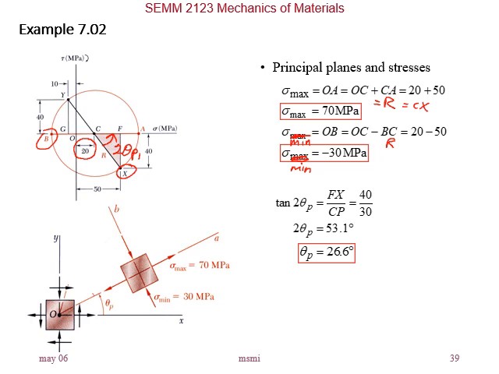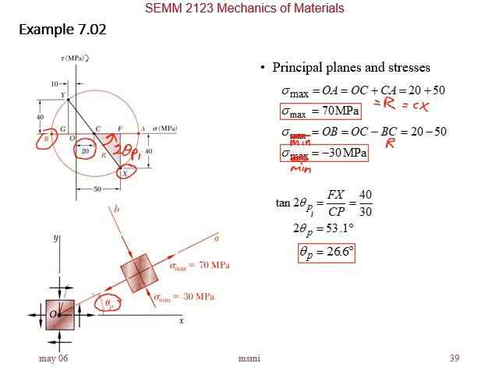So tangent 2 theta p1 is FX over CF, so it's 40 over 30. Therefore, 2 theta p is 53.1 or theta p is 26.6. It is counterclockwise in Mohr circle. Therefore, in actual situation, it is also counterclockwise. Just using the angle 26.6, you get the principal plane direction.